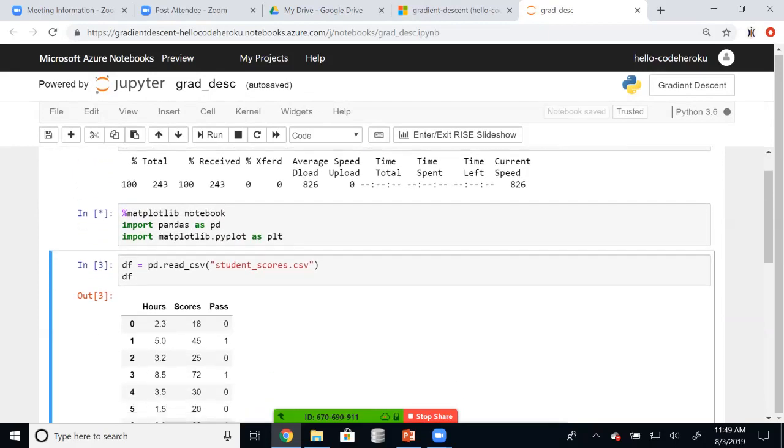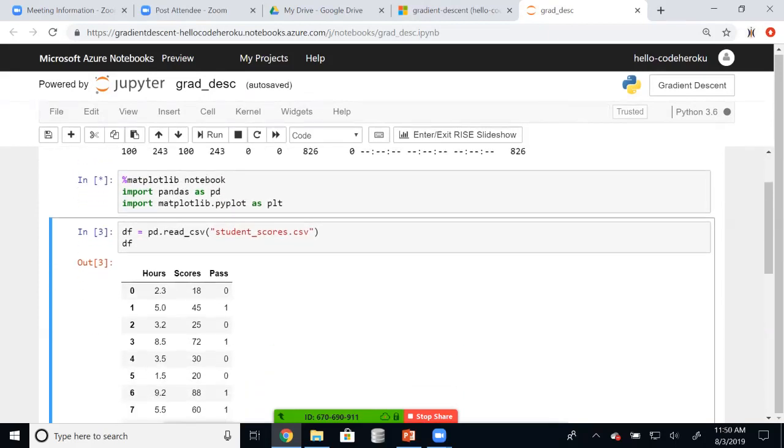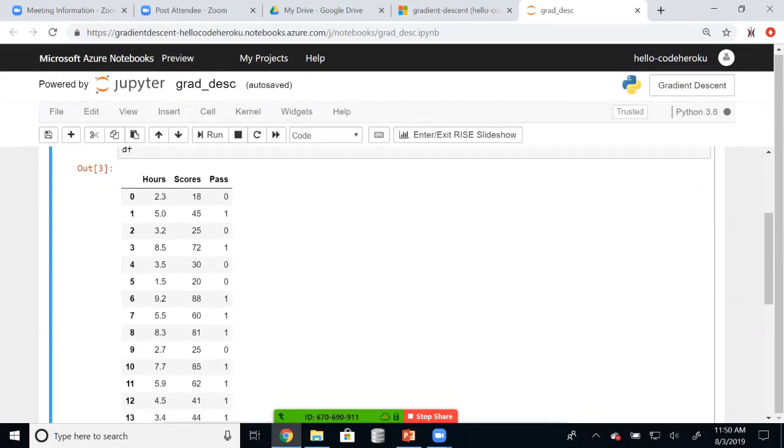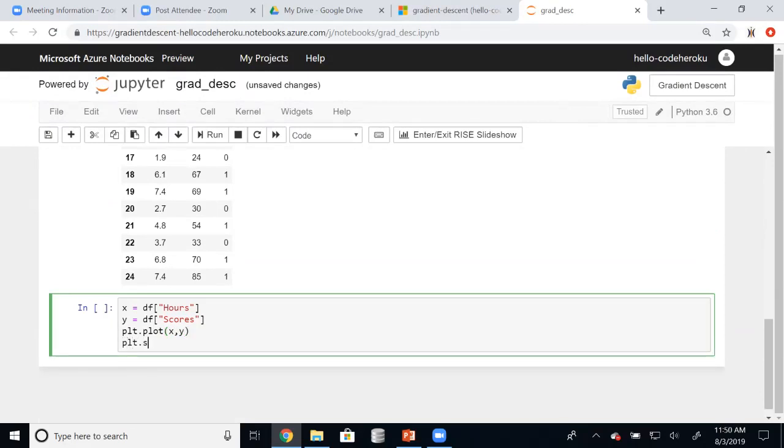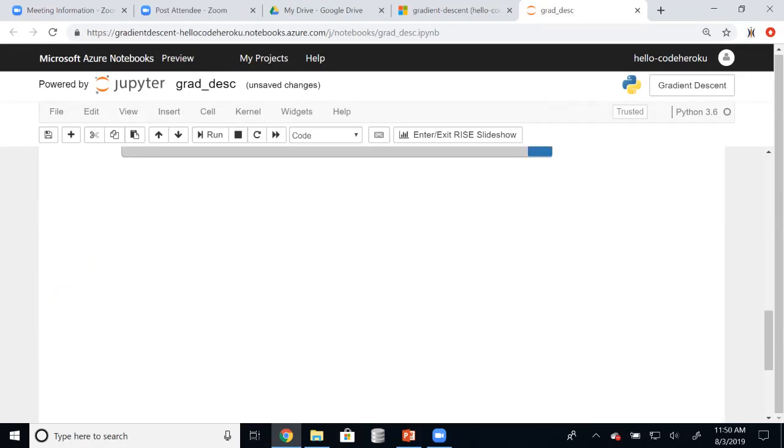Okay, so I've imported my matplotlib. The first time you do that, it might take some time. And once we are over here, we could simply say plt.plot(x, y) and then plt.show. Okay, let's just add some titles as well to our graph.